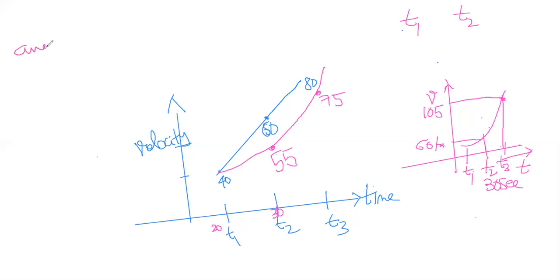Average speed or average velocity is defined as, you can write this, this is a 2 mark or 1 mark answer.